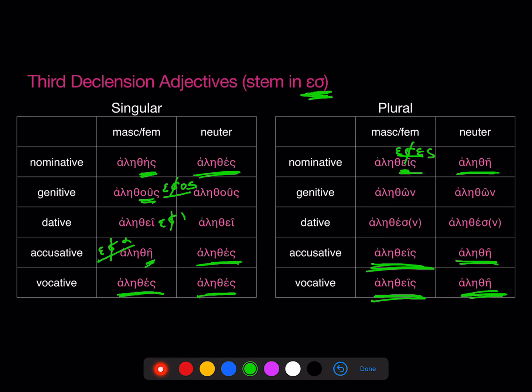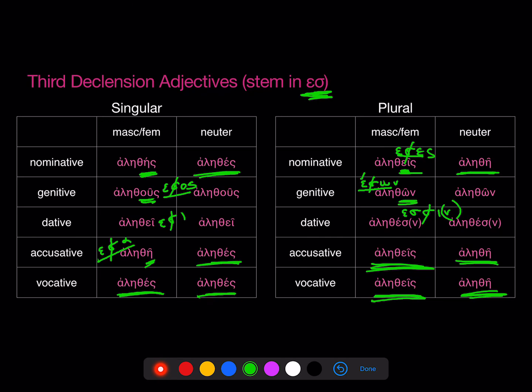Okay. Dative plural should be es-sin, but one of the sigmas drops out. And finally, the genitive plural should be es-on. All right. And the intervocalic sigma drops out, and the epsilon and omega combine to give us this on ending.